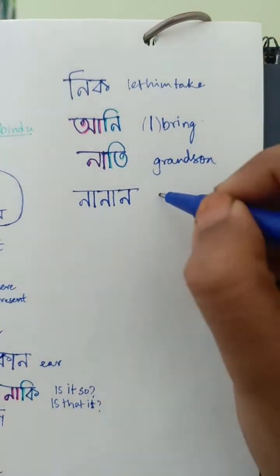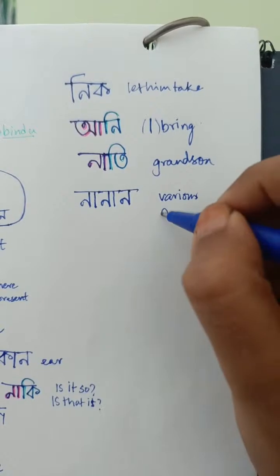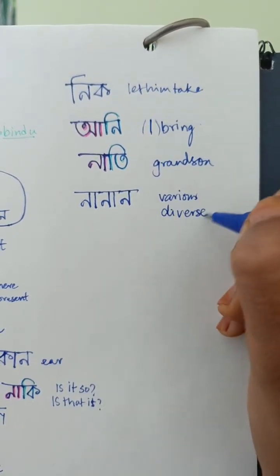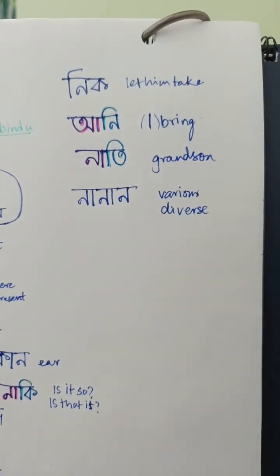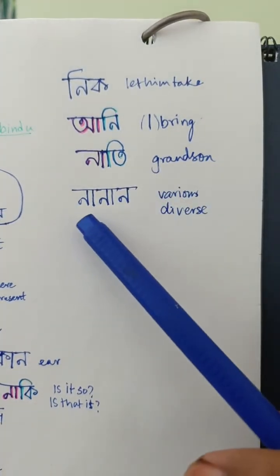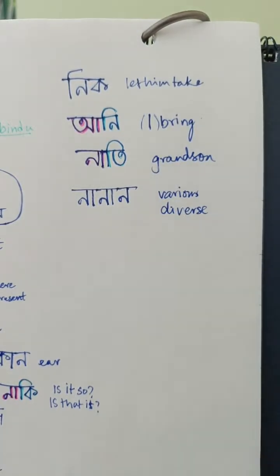This word means various or diverse, when there's many and manifold. So how do you read it? Nanan. So if you want to say various things, nanan jinish, various types, nanan dharoner, nanan is the word. It sounds so cute as well, but that means various and many.